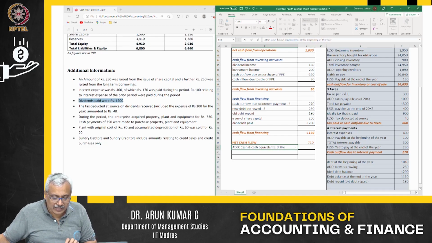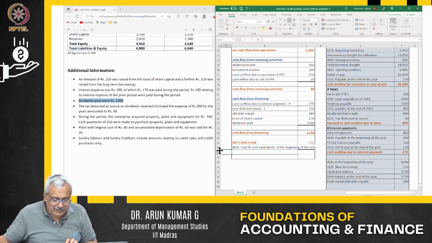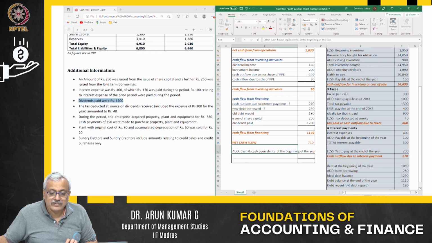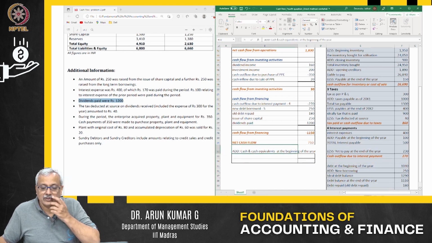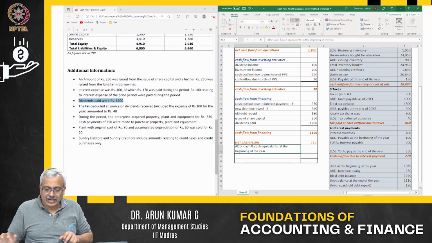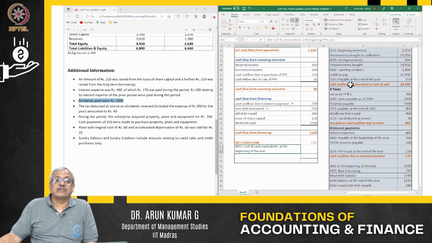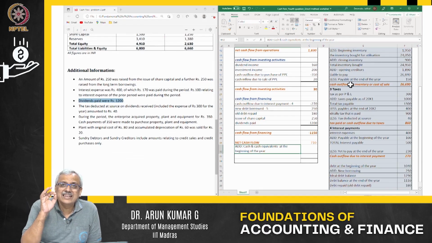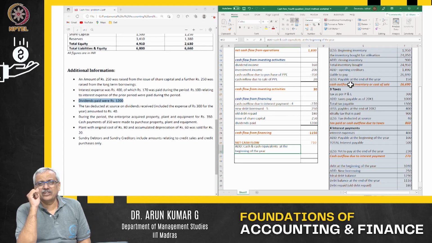Now, sir, what do you mean by cash and cash equivalents? Normally when we say cash, we say cash and cash equivalents. That means anything which is equivalent to cash, which can be converted to cash very fast.